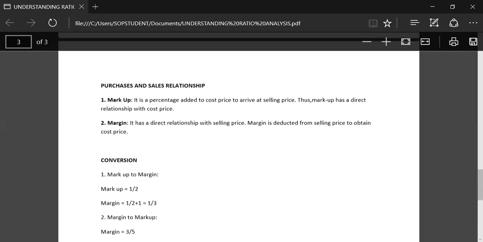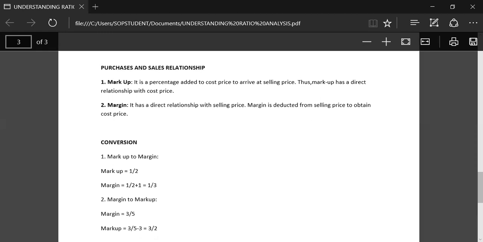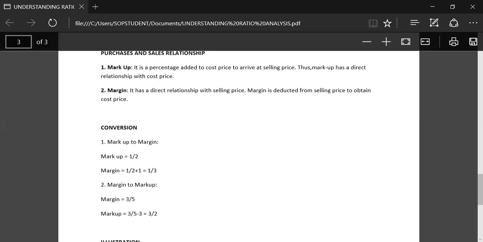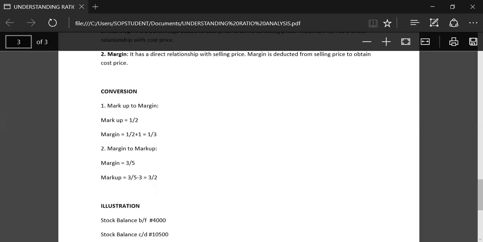So markup is a percentage that is added to cost price to arrive at selling price. However, margin has a direct relationship with selling price and is used to obtain the cost price.